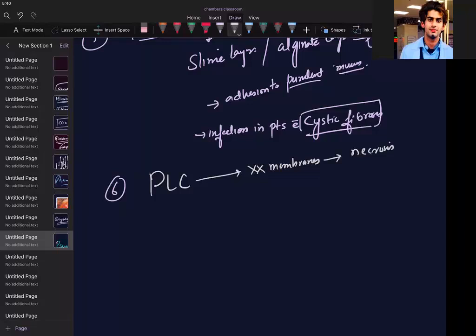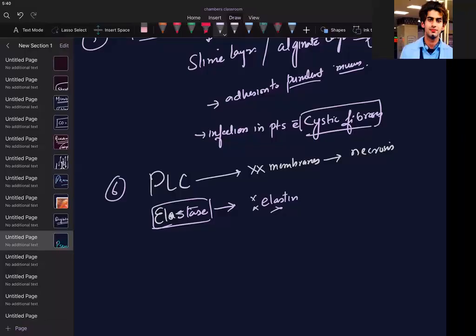It also has elastase. What is the function of this elastase? It will digest the elastin in the extracellular matrix. I have taught you the extracellular matrix and everything, isn't it? We are talking about that.